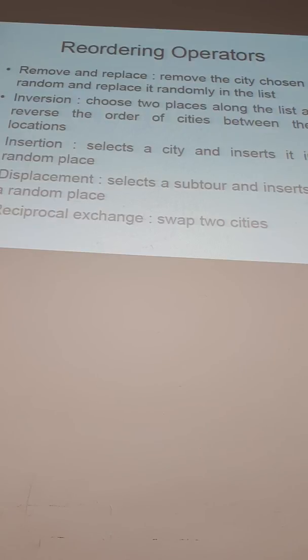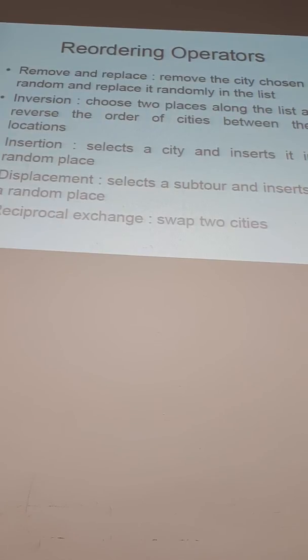So, a class of operators called reordering operators. Remove and replace. Here we choose a random city, a random place, and then we draw randomly a second city, and we place one on the place of the other. Inversion. You said about it. Here we choose 2 places and reorder the cities.